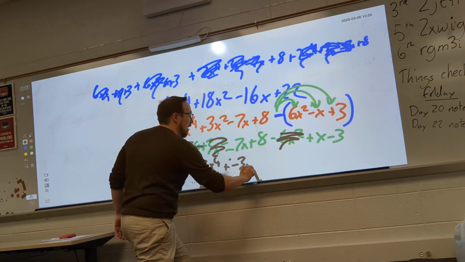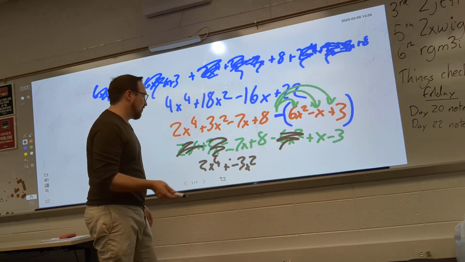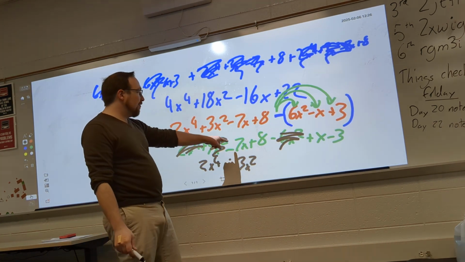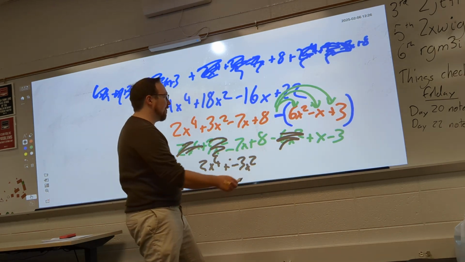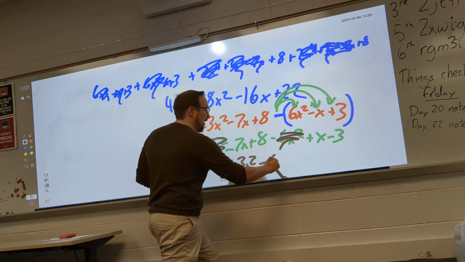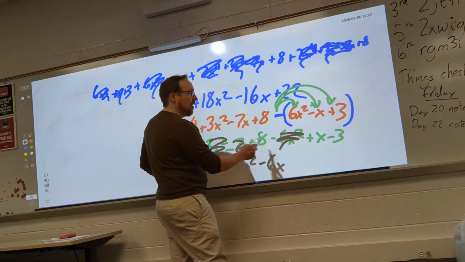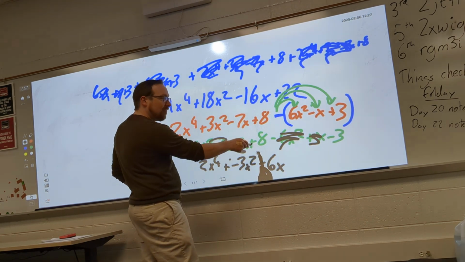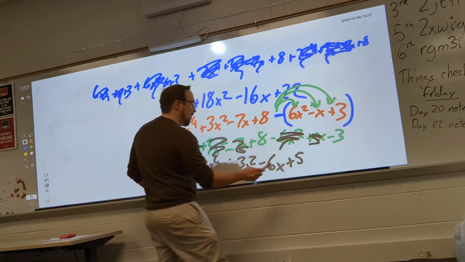Now we've got the regular x's. I've got negative 7x and then a positive x, which would give us negative 6x. And then lastly, I've got positive 8 and negative 3 for a grand total of positive 5.